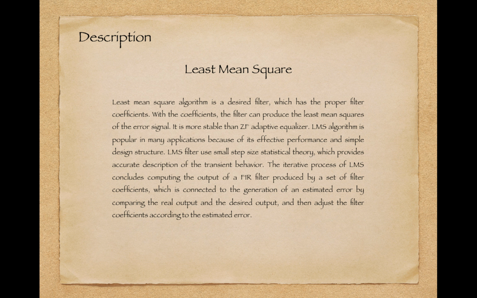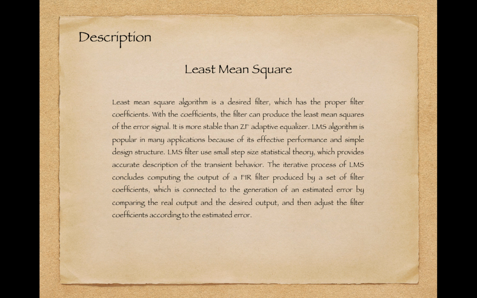First, let's talk about the least mean square algorithm. The least mean square algorithm is a desired filter which has the proper filter coefficients. With these coefficients, the filter can produce the least mean square of the error signal. It is more stable than the ZF adaptive equalizer.